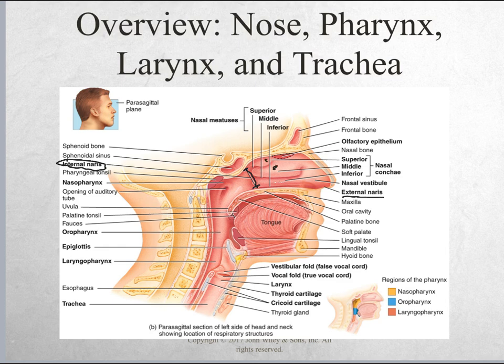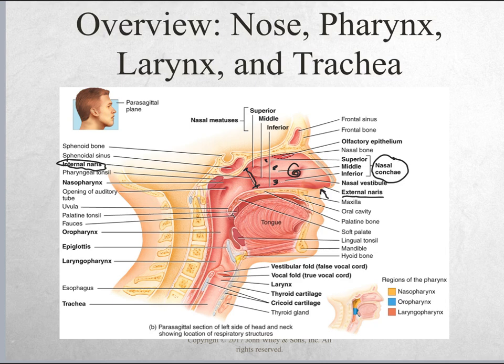Remember, we have our superior, middle, and inferior nasal conchae. These turbinates, right, these folds, are going to be super important for when you breathe in and air comes into your nose, it's going to make that air swirl around here.